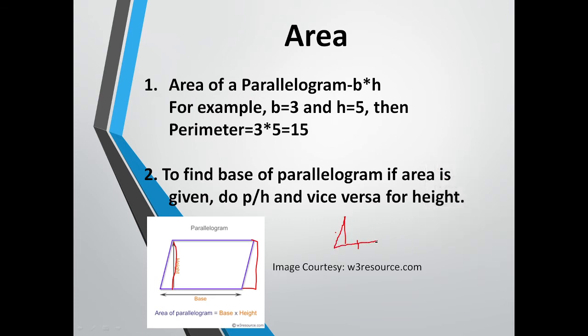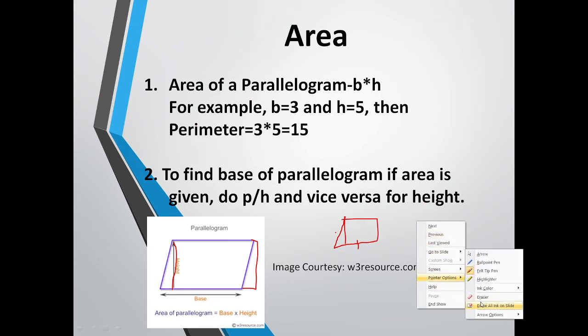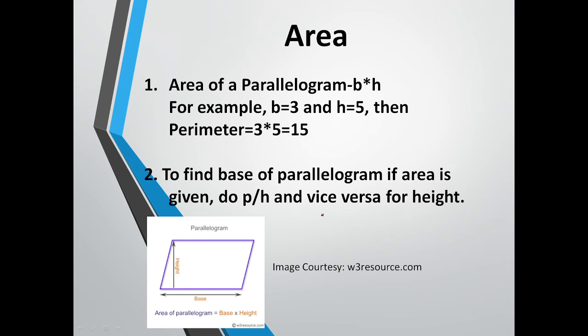Take this as the parallelogram. Wait a second. I'll draw another parallelogram. Okay. Take this as the parallelogram. Okay, and this is the height. For example, okay, we cut this part, this whole part. Okay, we take this whole part. Okay, I'll just draw it over here.